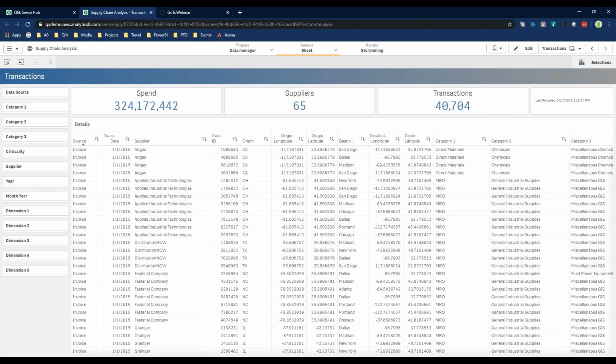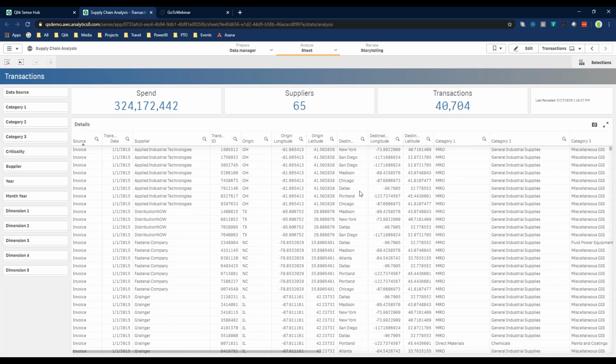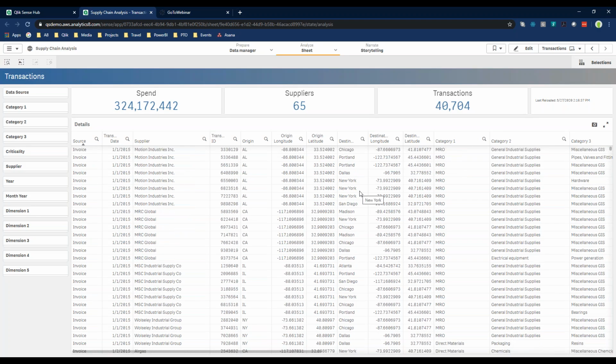Finally, the application really gives you that line level visibility into this data, right? So all the data that's coming into the application that's feeding the analysis on the front end, all of it is available here for you to export out into Excel or CSV, so that if you need to do further analysis outside the system, you certainly have that.